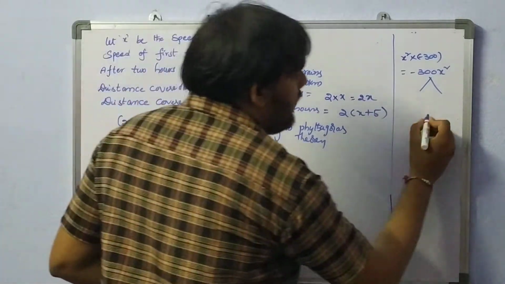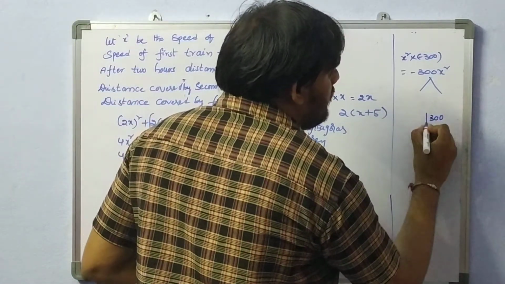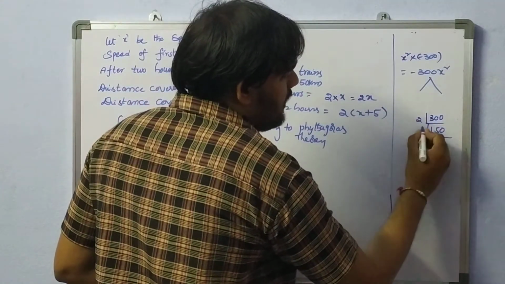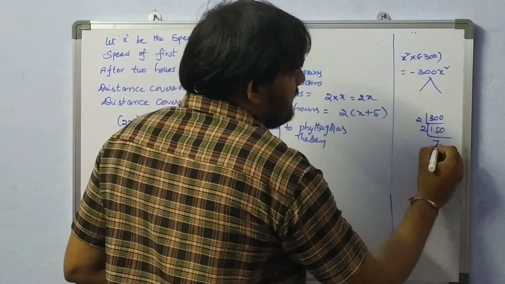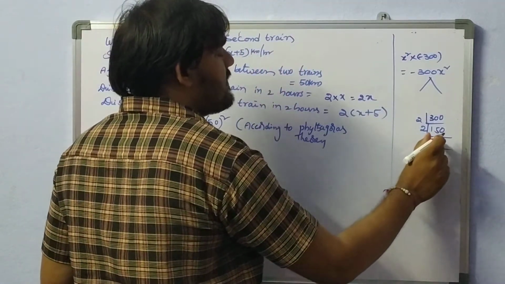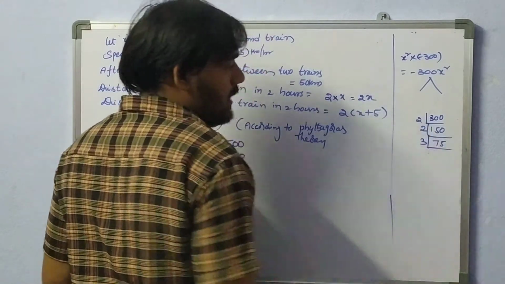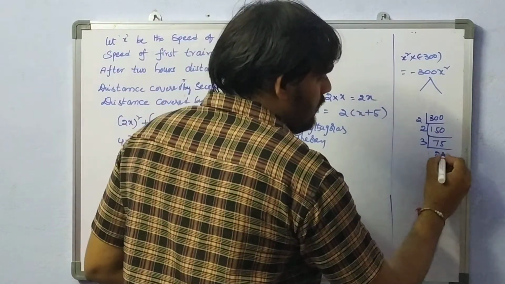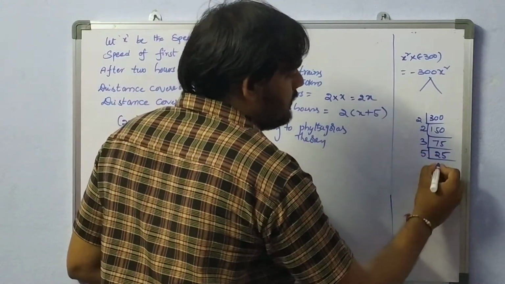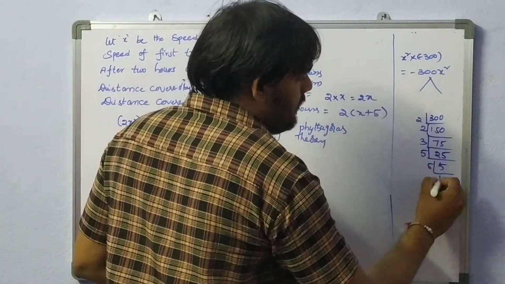Find the prime factors of 300: 2 table, 150, next 2 table, 75, next it is not divisible by 2, so we go for 3 table, 25, next 5 table, 5 5s, 1.